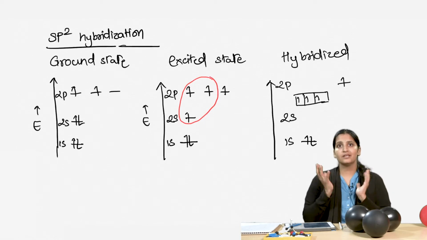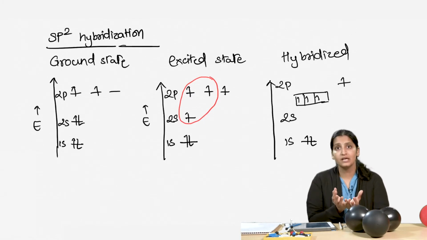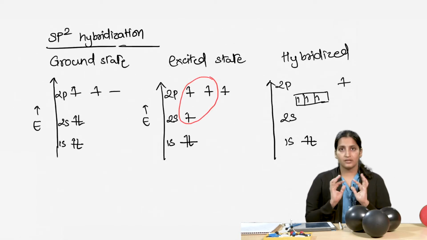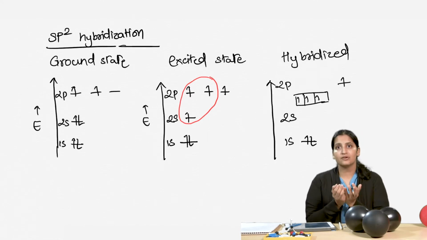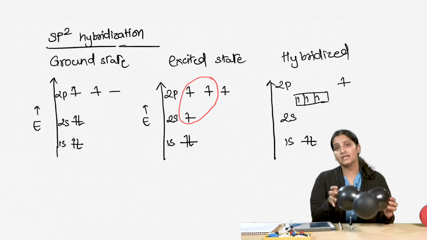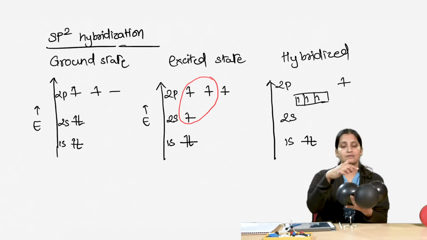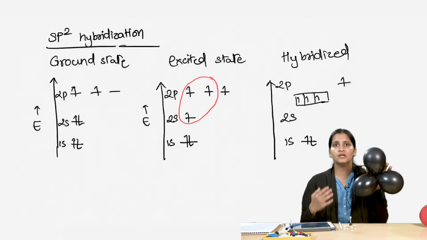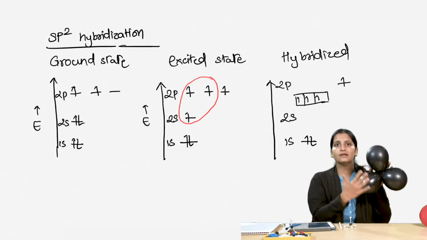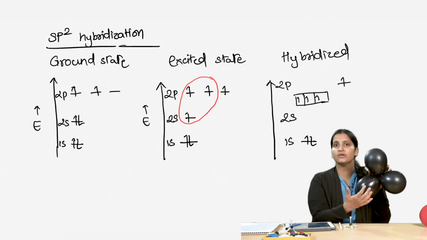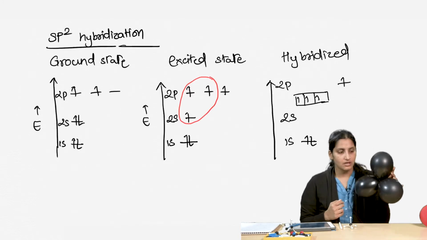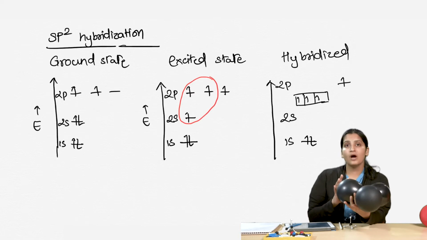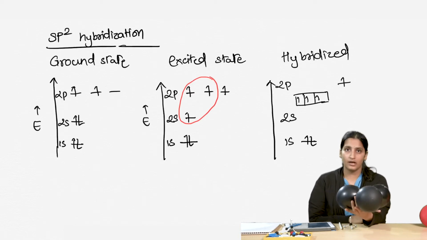Whenever I have 3 things that have to be placed such that they repel each other in the maximum possible way, according to the valence shell electron pair repulsion theory, if I have to place 3 orbitals, I will have to place them at 120 degrees with respect to each other and in the same plane. Any other angle is going to create repulsion between 2 of the lobes or orbitals. So, this is what the sp2 hybridized orbitals of carbon look like.